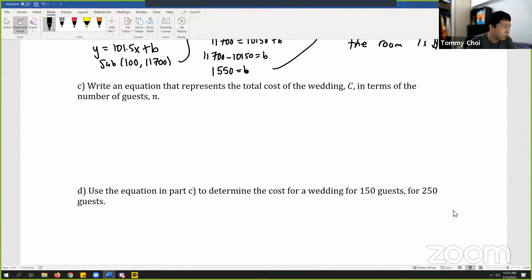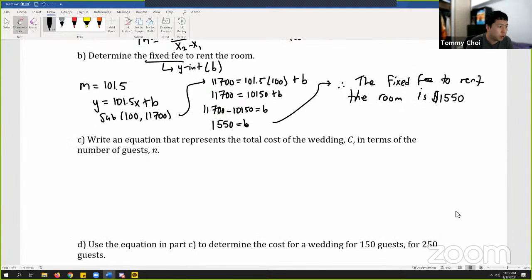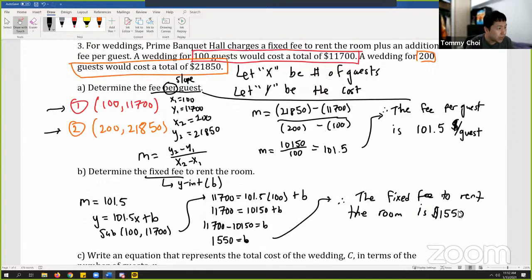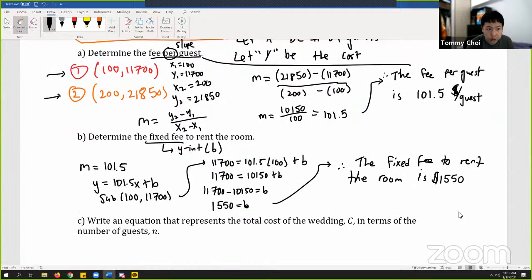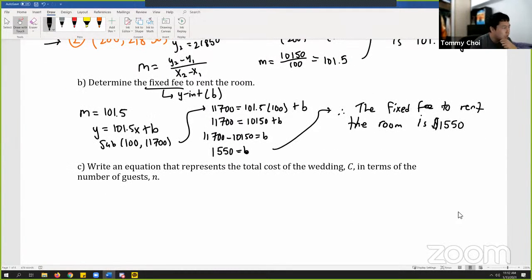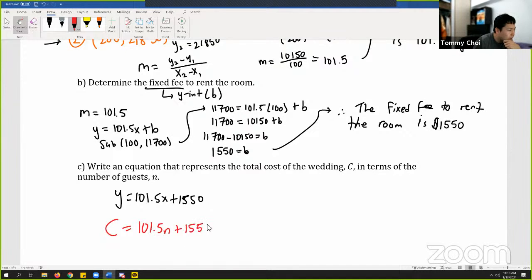Question C. Write an equation that represents the total cost of the wedding, C, in terms of the number of guests, N. They want us to use different letters. That's fine. We said that x is guests, so x is now N, and C is cost, which was y. Normally we would say y is equal to 101.5x plus 1550, but because we want it in terms of what the question wants, C is equal to 101.5n plus 1550.